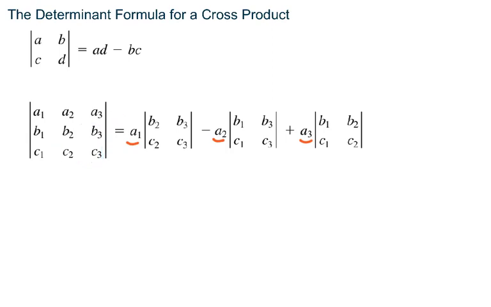If we are doing A sub 2, then the matrix we multiply by has the determinant of B sub 1, C sub 1, B sub 3, C sub 3. Those give us those 4 numbers.